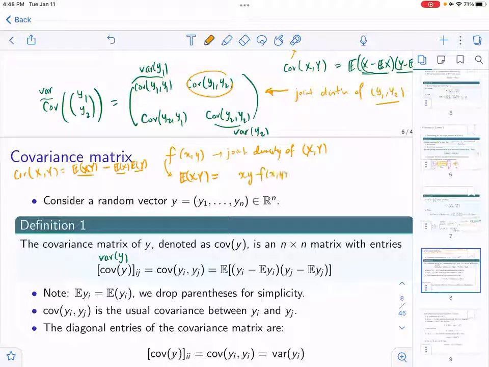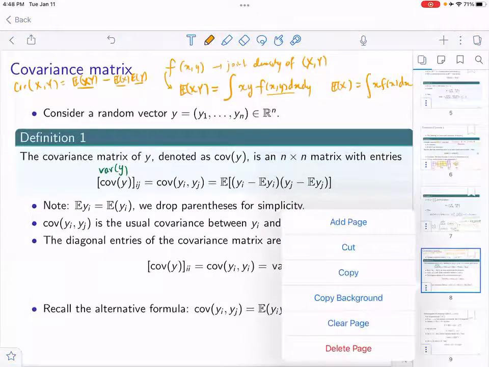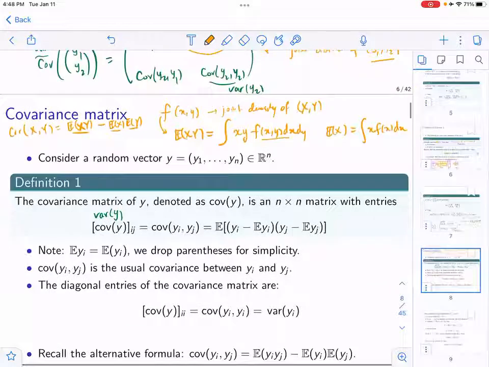Since they're continuous, it's the equivalent: the integral of xy times the joint density. So that's how you compute this. The expectation of x you can also compute as the integral of x times f of xy, dx dy, or you can just do it with the marginal, dx. Same goes for the expectation of y. So you have these numbers, and you plug them in.